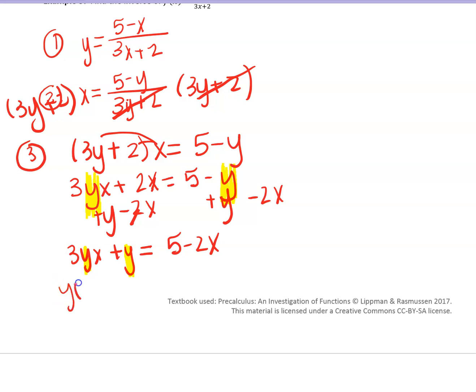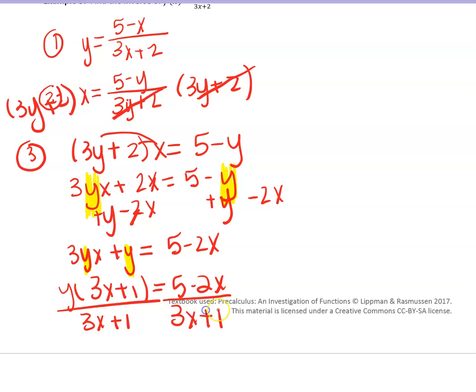So that will give me y times 3x plus 1 equal to 5 minus 2x. Now I can get that y by itself, so divide both sides by 3x plus 1. And so then that gives me, I'm going to go ahead and change it back to my notation. Step 4, f inverse equal to 5 minus 2x over 3x plus 1.